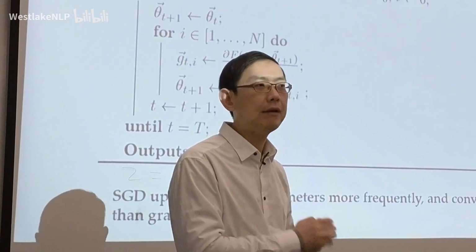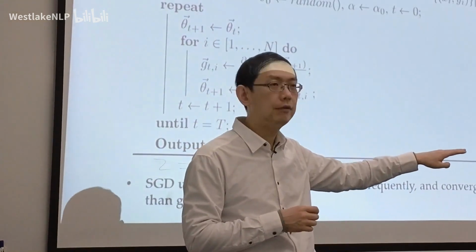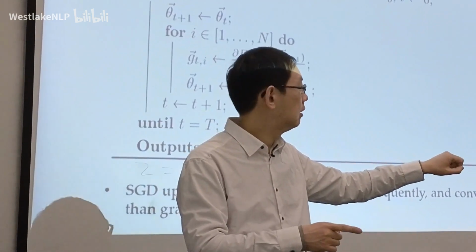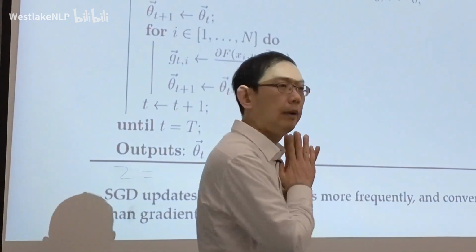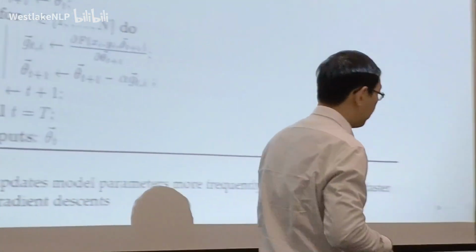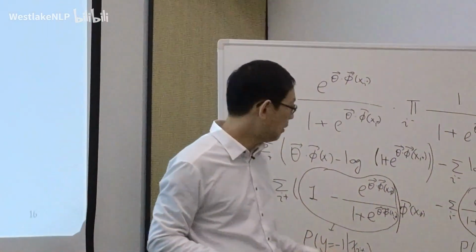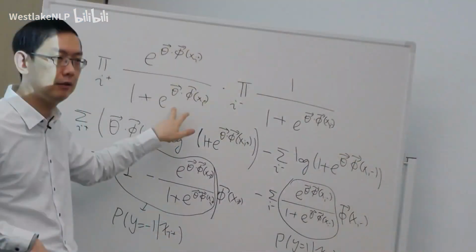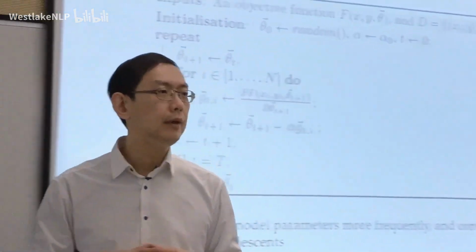If you have 10,000 training instances, I just look at the first instance, I calculate its derivative, and I take the step size alpha times this derivative, and I add this to your model parameter vector. Essentially, for a positive data instance, we just add this one multiplied by the feature vector to your theta. Does this sound familiar with something? We'll come back to this later.